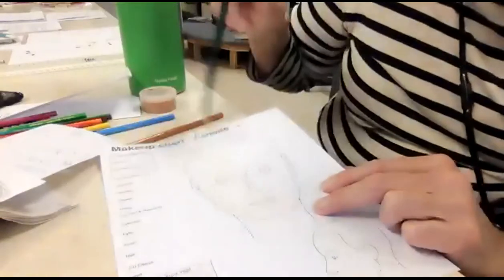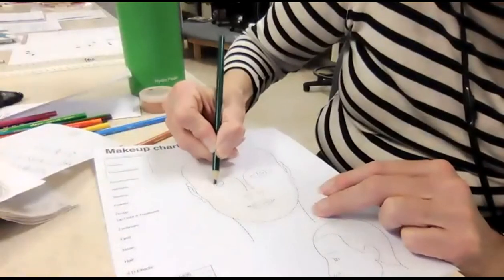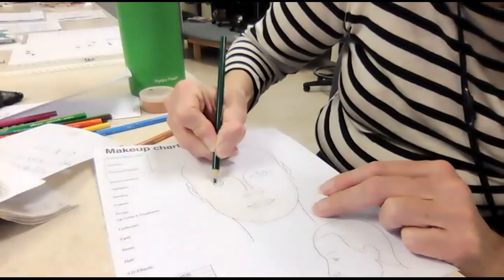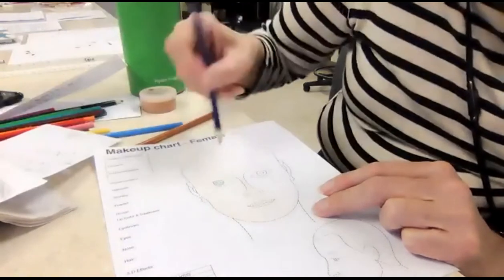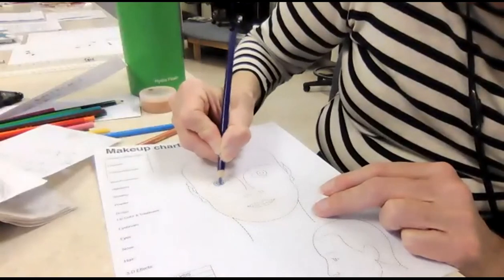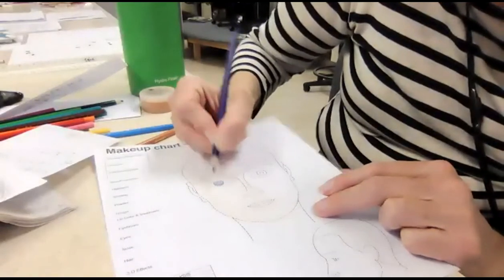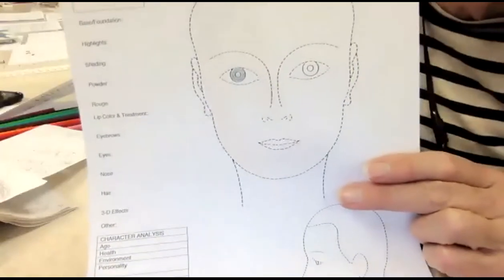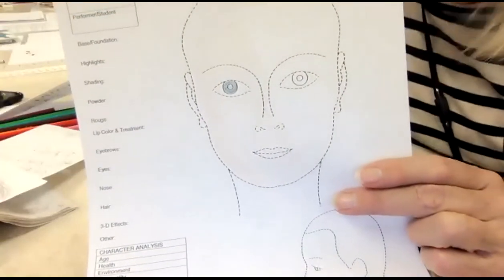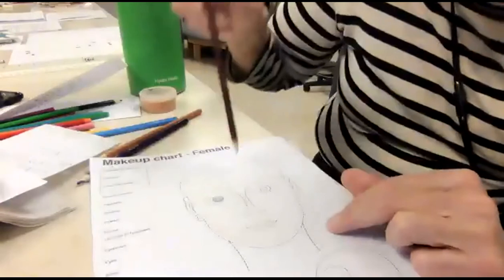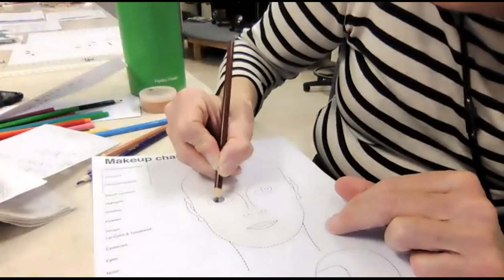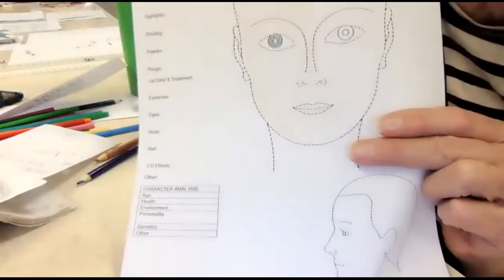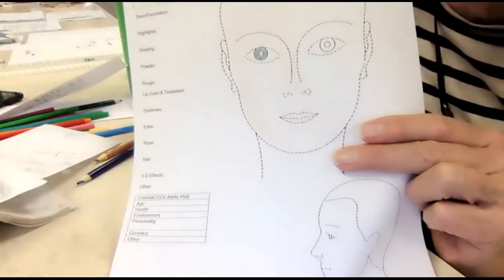Also, giving yourself some eye color helps. So don't hesitate to color in whatever your eye color is. Mine are kind of hazel. I was going to use green, but both my greens broke, so I need to sharpen that. You can blend them together. I mixed all kinds of crazy stuff, and I'll put in some brown. When you're trying to make eyes more realistic, there's a wide variety of color.